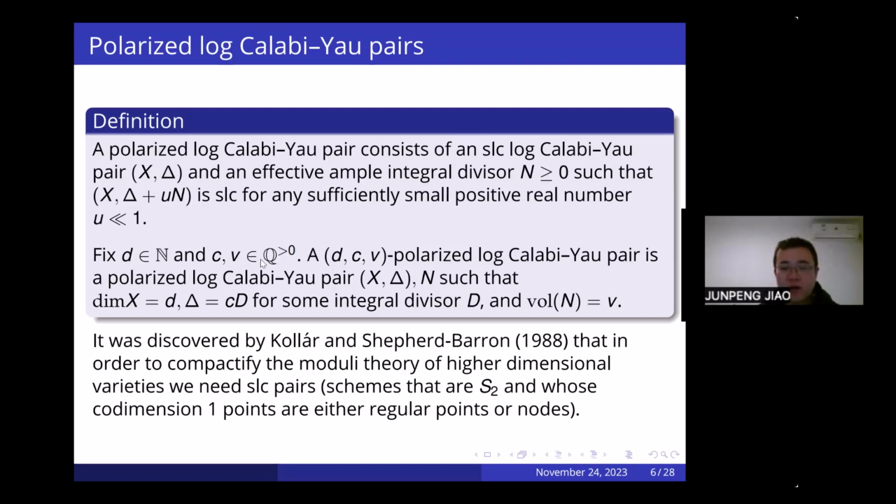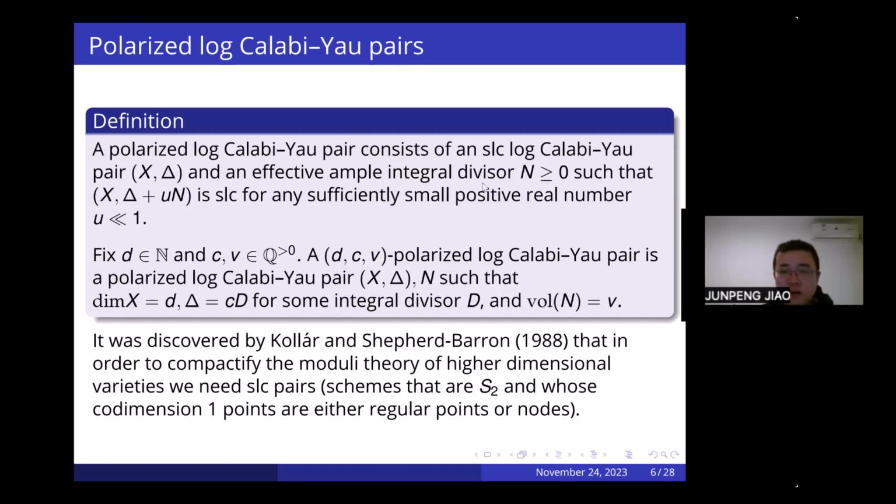A DCV polarized log Calabi pair is a polarized log Calabi pair (X, delta, N) such that the dimension is equal to D and delta equal to C times D for some integral divisor, that is, the coefficient of delta is equal to C times a natural number, and the volume of N is fixed equal to V.